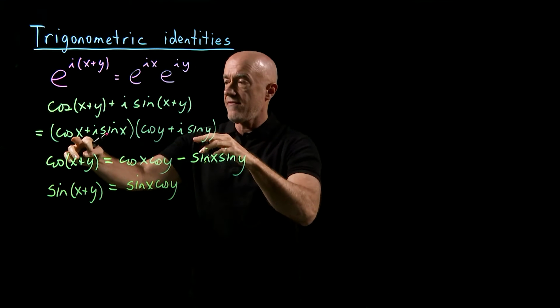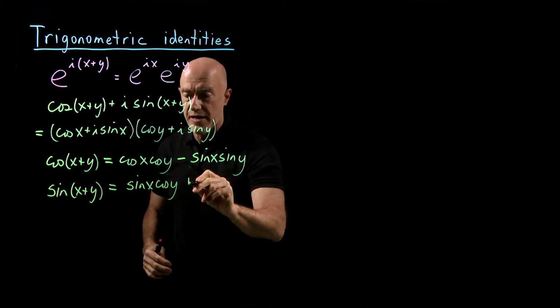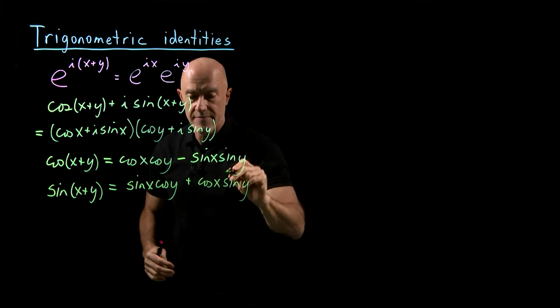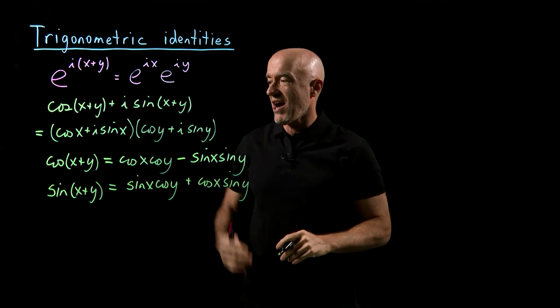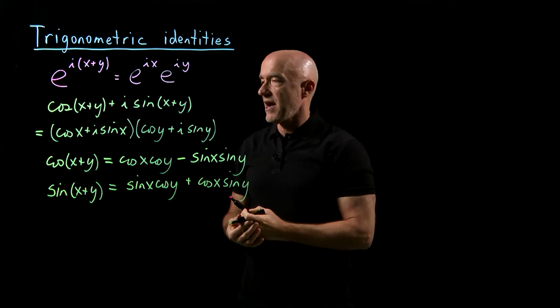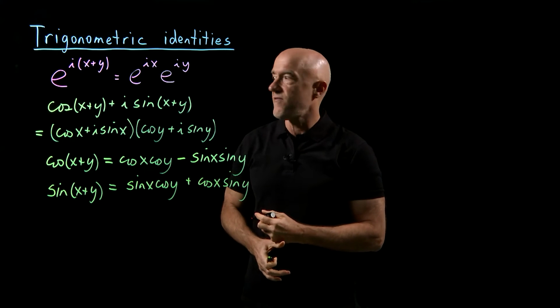And then we have cosine x times i sine y, and the imaginary part there is cosine x sine y. And that's the well-known addition formula for sine. Okay, so these are the addition formula identities derived very easily using Euler's formula.